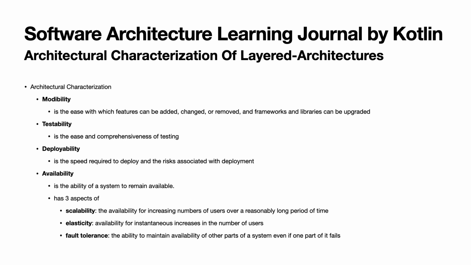Testability refers to the ease of testing and the coverage of tests. Deployability refers to the time required for deployment and the risks associated with deployment. Availability refers to the ability to maintain the system's operational state.